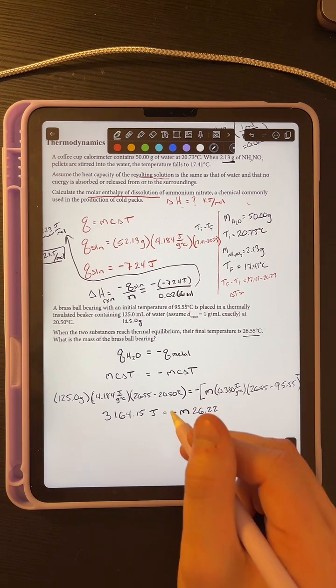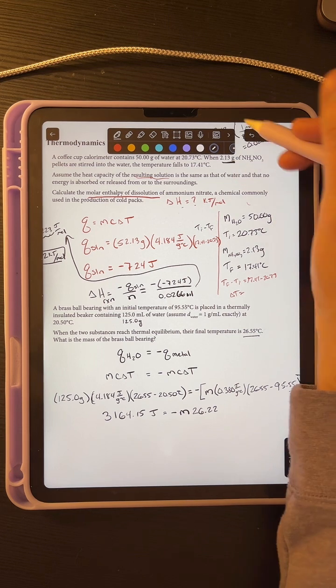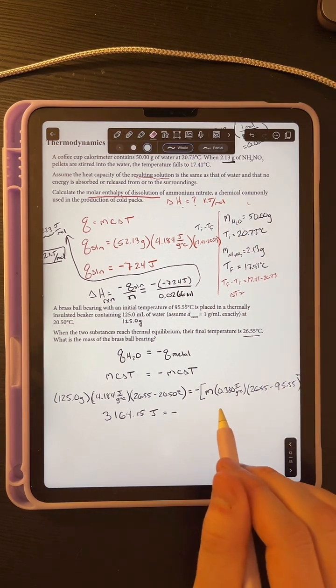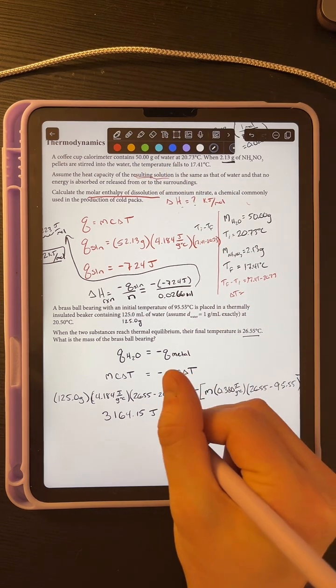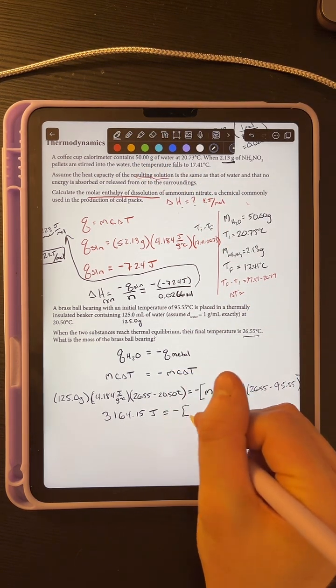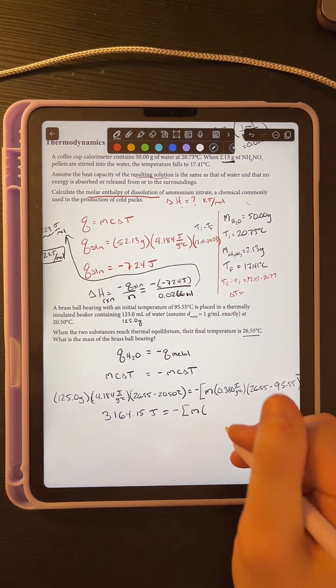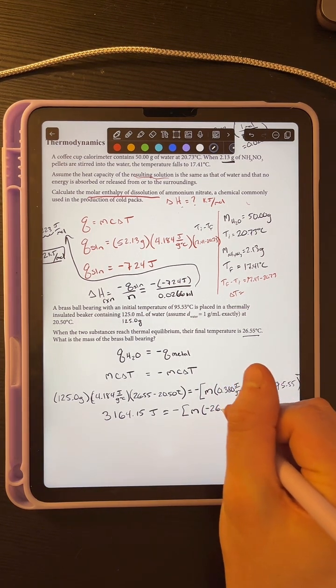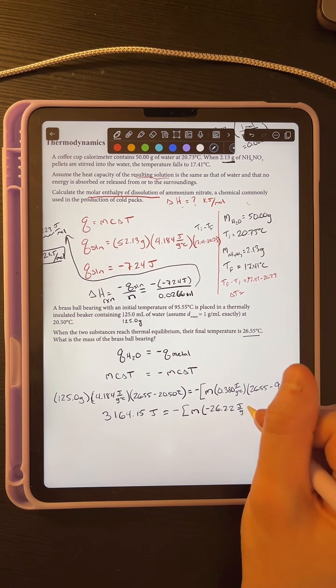I'm going to redo that. I'm sorry for confusing you. I looked at my notes and I skipped a step. So this side, the negative stays there. M times this whole thing becomes negative 26.22. And the units here are joules per gram.